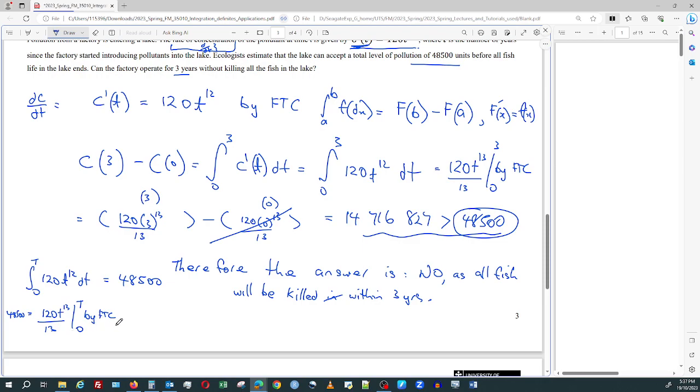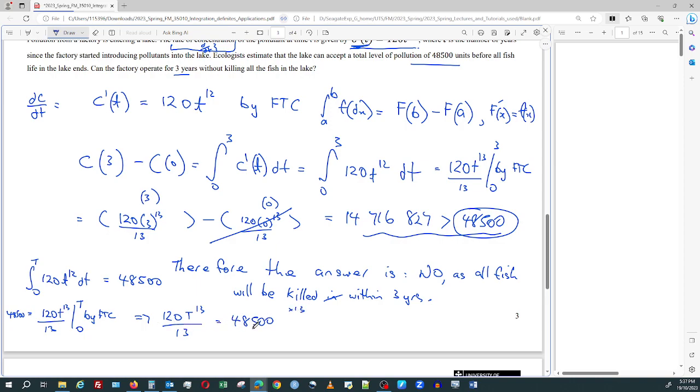The 0 I'm not going to bother with, but the t will get the capital T. So we'll end up with 120 capital T to the 13 divided by 13 is equal to 48,500, and we're solving for t. So we're going to multiply by 13.